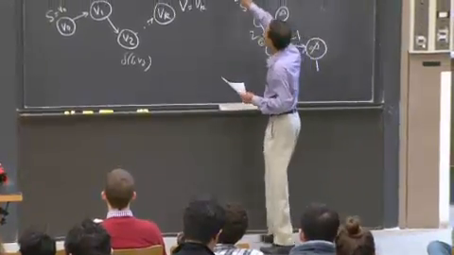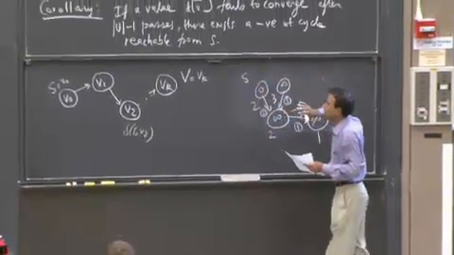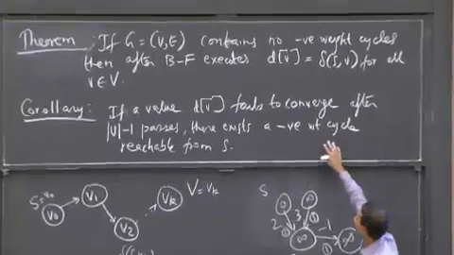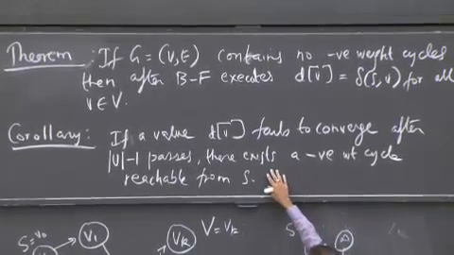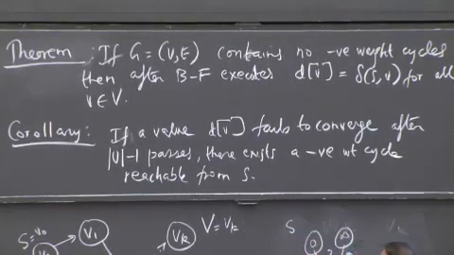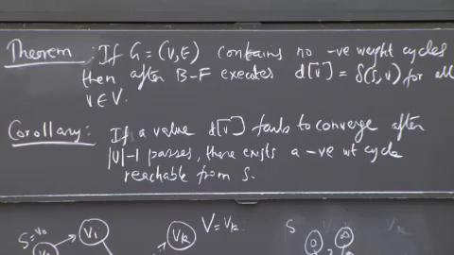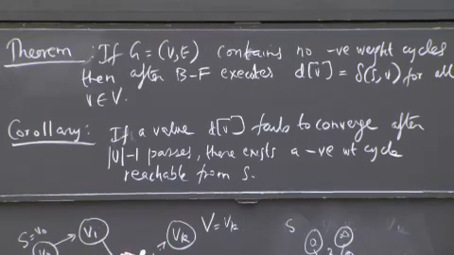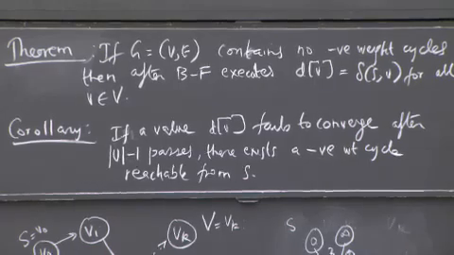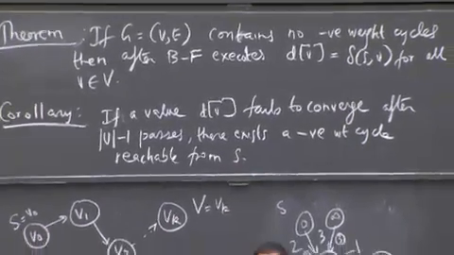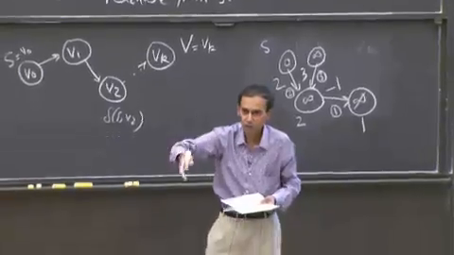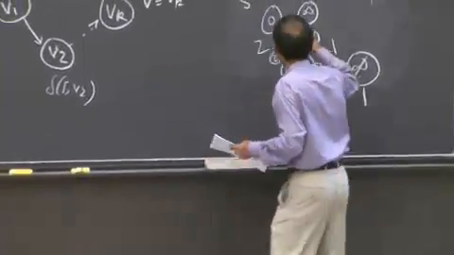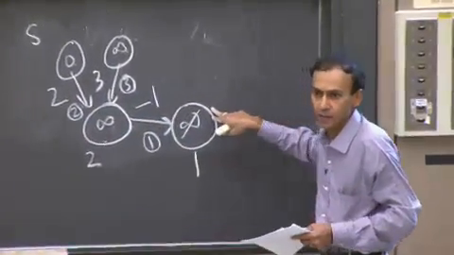So everything here, you're going to start with... Remember your initialization condition. What is affected by S? Initialize is affected by S. The rest of it isn't affected by S because you're just relaxing the edges, right? Initialize is affected by S because D of S starts out being 0, like I put over here, and the rest of them are infinity, okay?